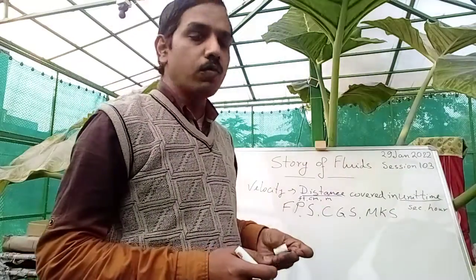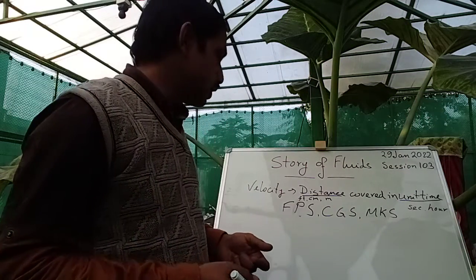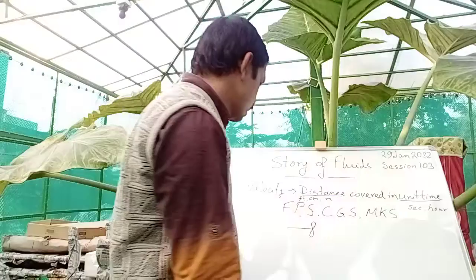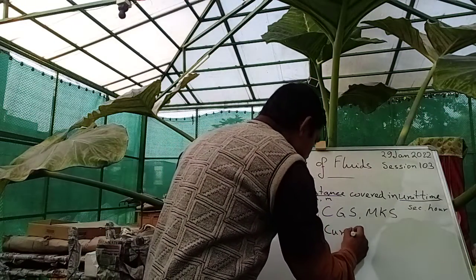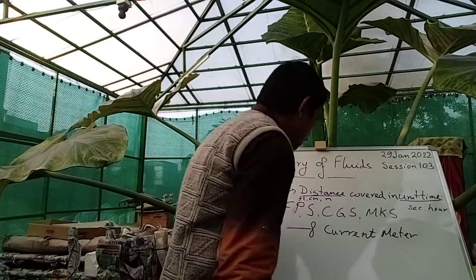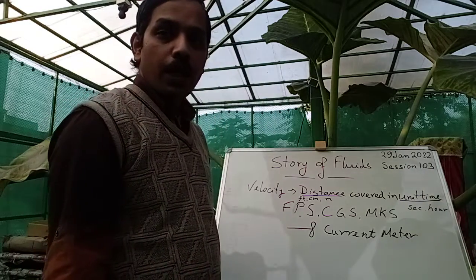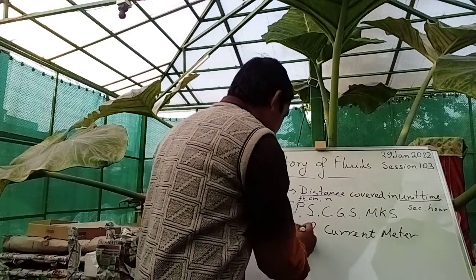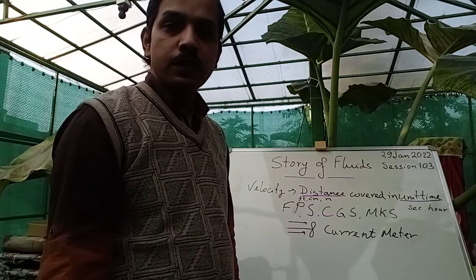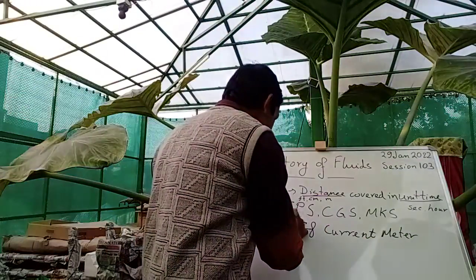So what we generally use for the measurement of velocity is the current meter. A current meter has a propeller, and the propeller has a movement forced by the flow.